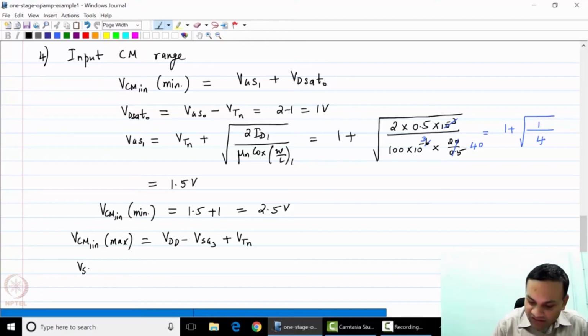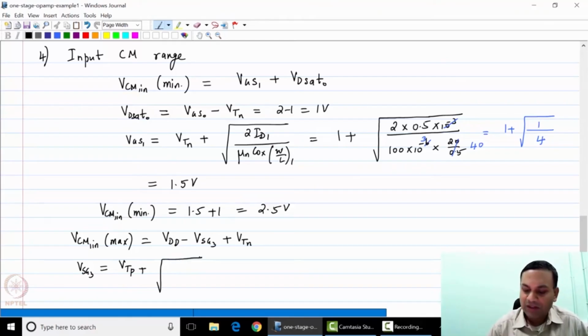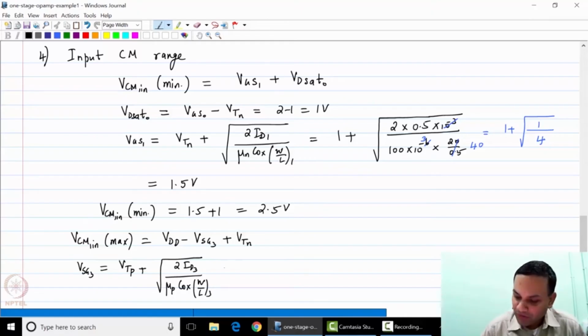Now let us calculate what VSG3 is. So VSG3 is VTP plus root of 2ID3 over mu P Cox W over L3.